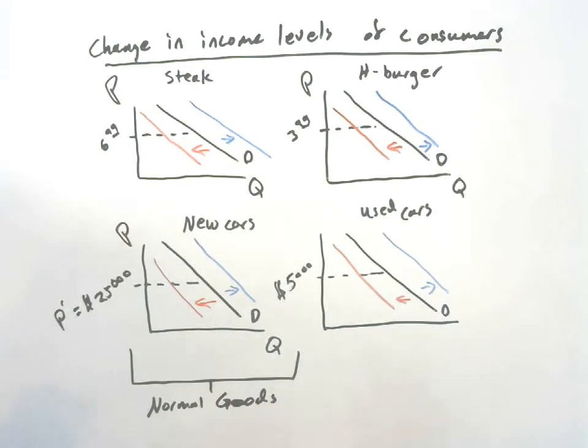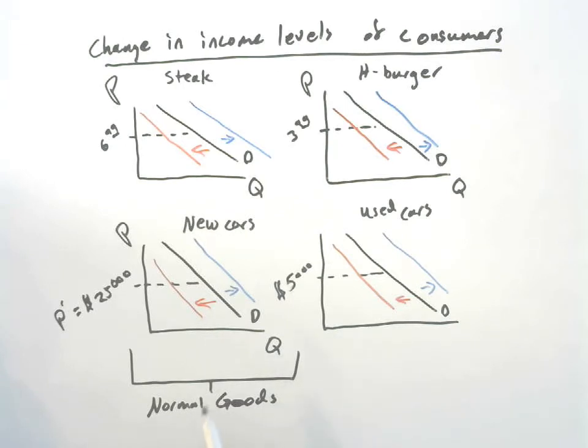A normal good, strictly defined, is simply a good whereby there is a positive relationship between the change in the income level and the demand for the product. Let me repeat that.